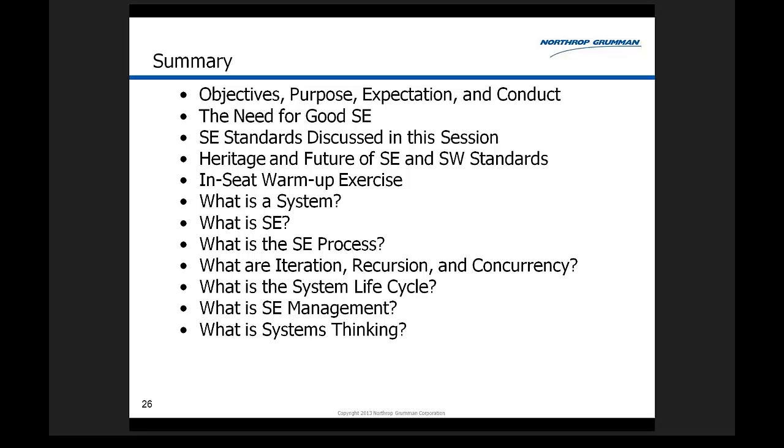The system engineer is primarily responsible for technical effort. The program manager is primarily responsible for cost and schedule. Okay, but they are codependent. Cost, technical, and schedule are codependent on one another. So that's the distinction in the roles and responsibilities.